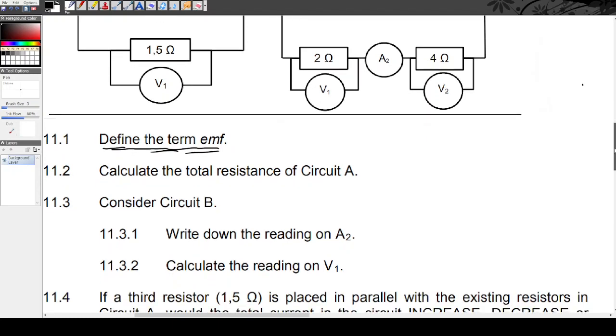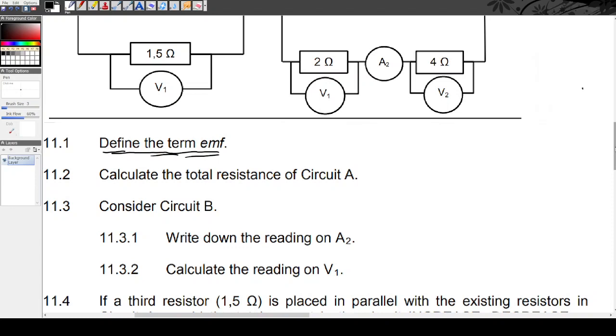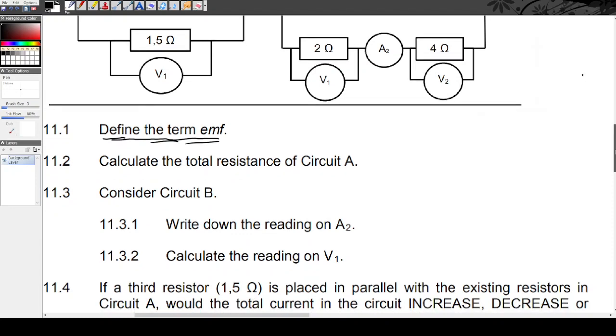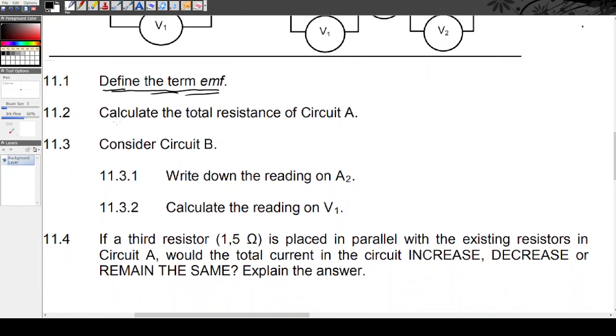It's the amount of energy that is needed to move a charge around a circuit. Okay, let's calculate the total resistance of circuit A.